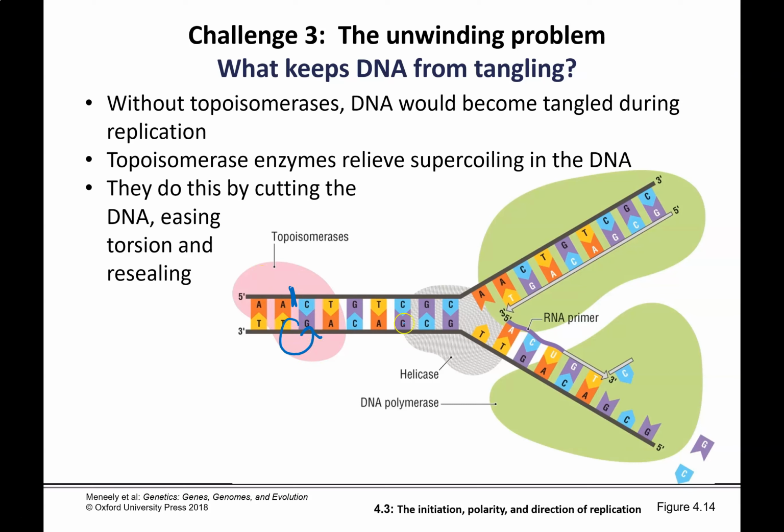So this is really important because that helicase is putting pressure on this molecule down here because it's attempting to pull apart that replication bubble. So topoisomerases are really important in keeping the damage to the DNA at a minimum.